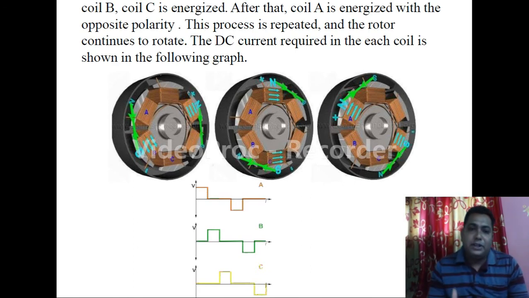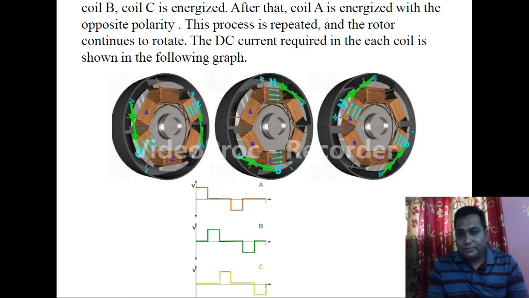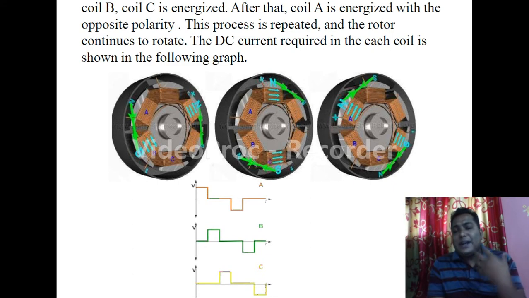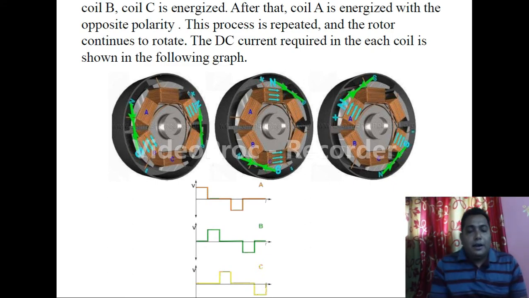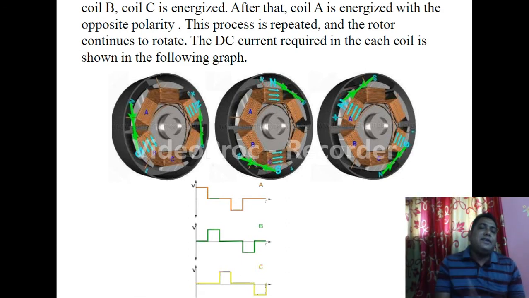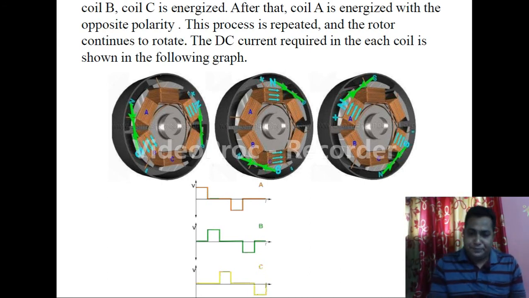It is very important for this machine, otherwise the working principle we need from this machine is not going to happen, because the function of this brushless DC motor depends upon the electronic circuit that gives the sequential supply to the three windings of this brushless DC motor stator.